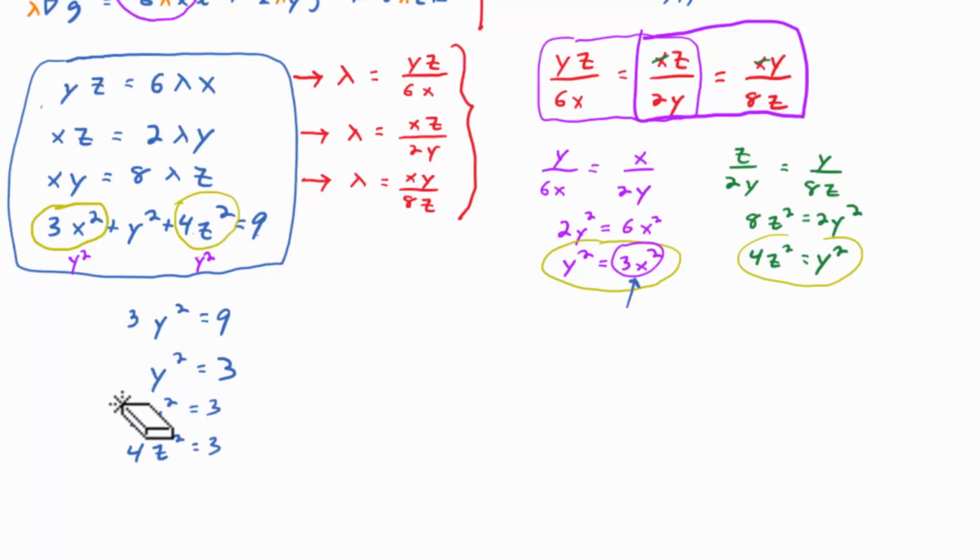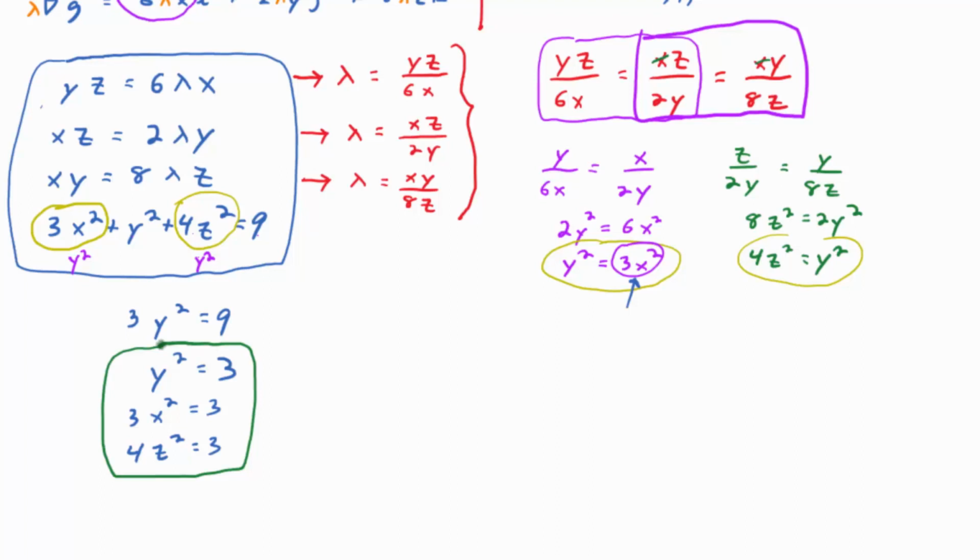So the reason I collect these results together is to emphasize the fact that eventually we'll take the square root of both sides in each one of those equations, but because it's the squared variables that matter here, we can mix and match the pluses and minuses, right?